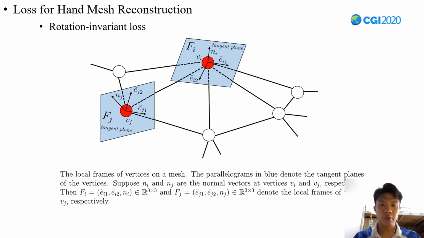We define m_i as the normal of vertex v_i. ẽ_i1 is the normalized vector of the projection of one edge ejecting from v_i, and the local frame of v_i is a triple: ẽ_i1, ẽ_i2, and n_i, forming a right-hand side orthogonal basis. The definition enables intuition of the normal and tangential components at vertex i.